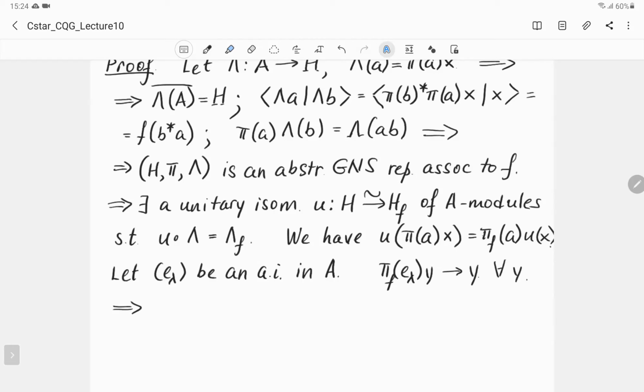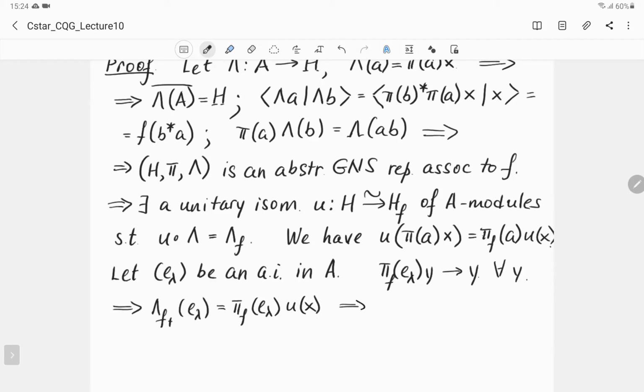So the left-hand side will be lambda f plus of E lambda. And the right-hand side will be pi f of E lambda applied to U of x.